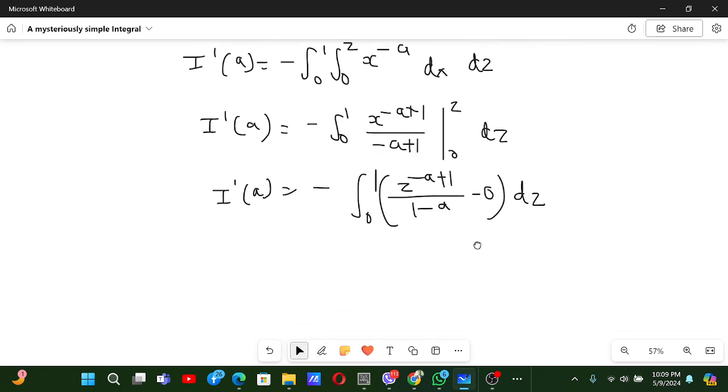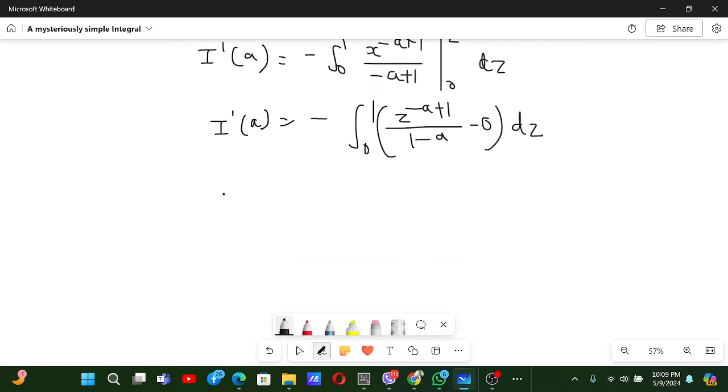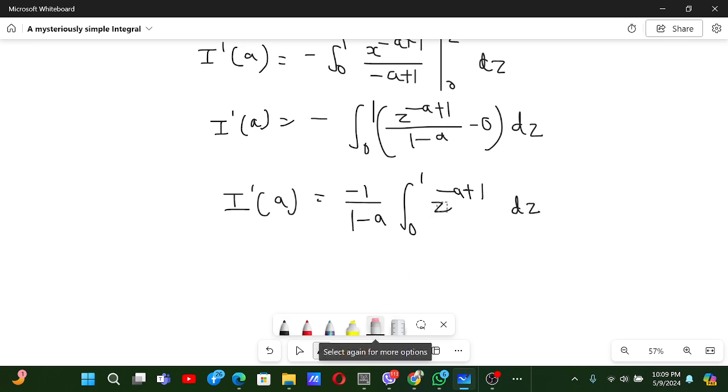Now it has become an easier integral that we can easily solve. Minus 1 by 1 minus a is over here, and the integral from 0 to 1 of z to the power minus a plus 1 dz.